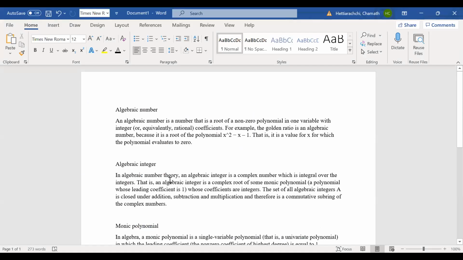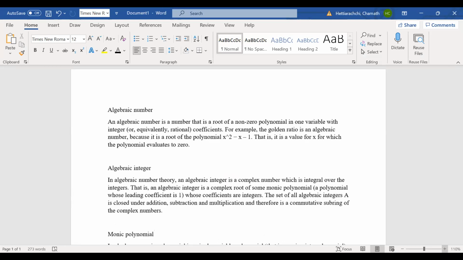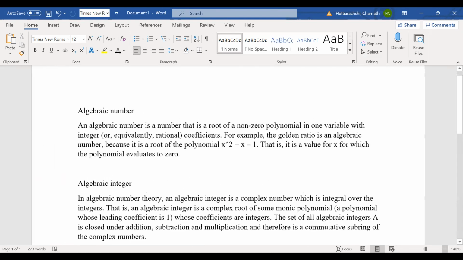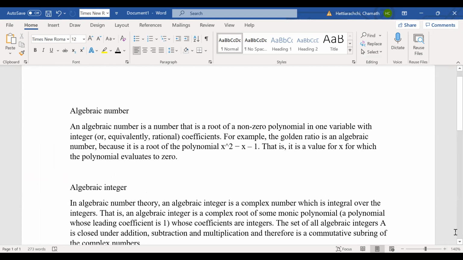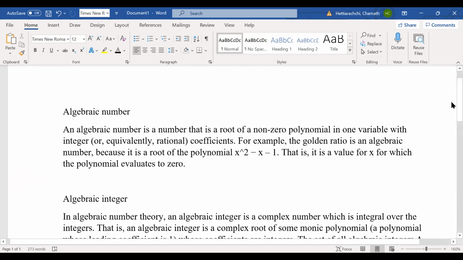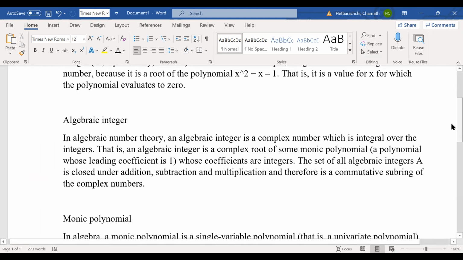In algebraic number theory, an algebraic integer is a complex number which is integral over the integers.